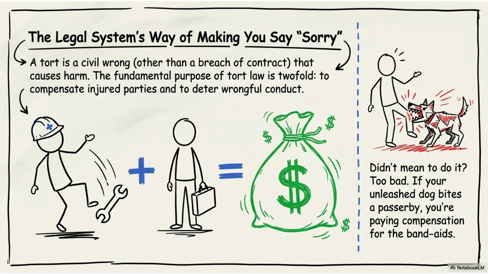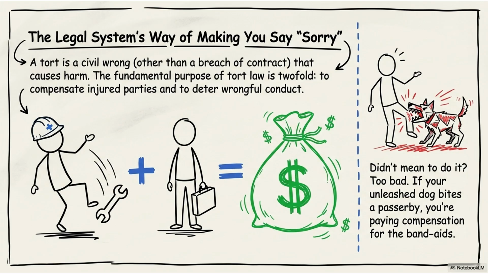An owner of a dog, and that dog bites a passerby. The injured individual can sue the owner of the dog, asking for compensation for the medical care. Fair, right? And that's the main purpose of tort law. Tort law was developed to deal with civil wrong.